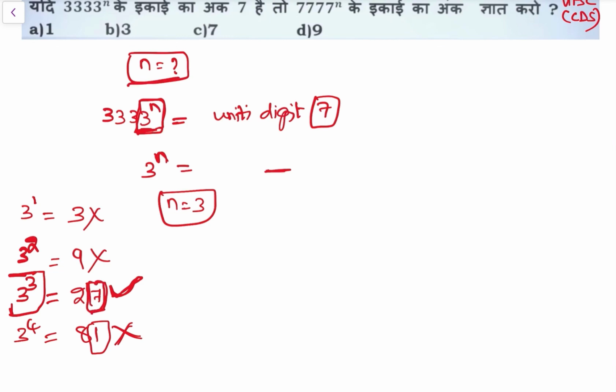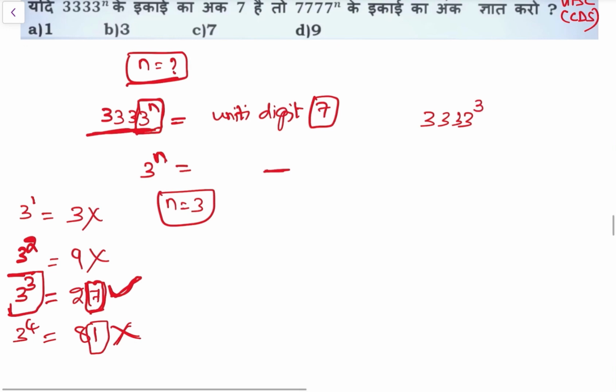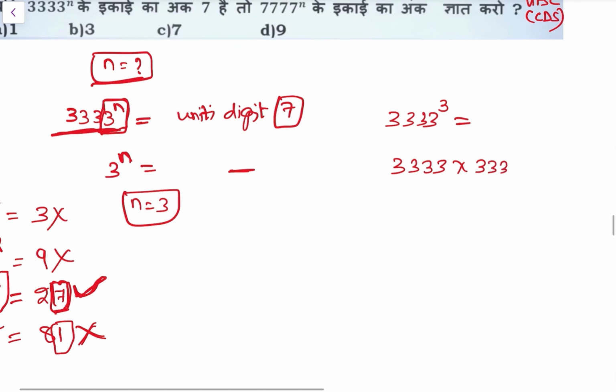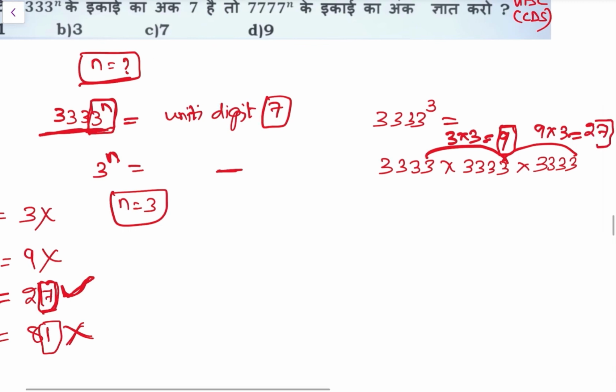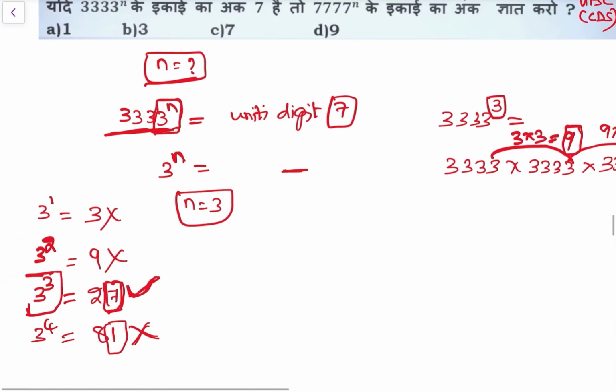Now let's take 333 to the power n with n equal to 3 and check the unit digit. So 3 into 3 is 9, then 9 into 3 is 27. So the unit digit is 7. So when n is equal to 3 we get unit digit 7. Okay, so the value of n has come.